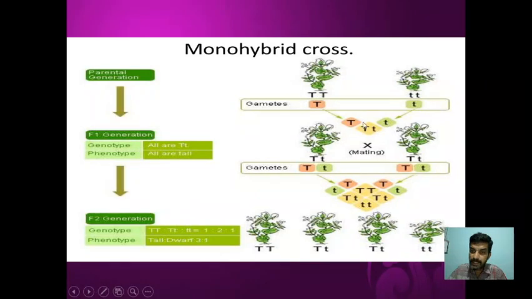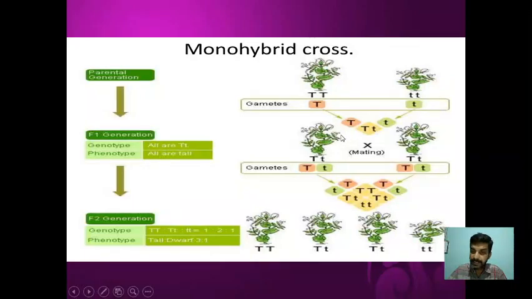When these two combine at fertilization, they restore the diploid condition. So one will carry the capital T and one will carry the small t. Since capital T is the normal allele which is dominant over the altered allele, small t, we find that in the F1 generation all the plants are tall plants.